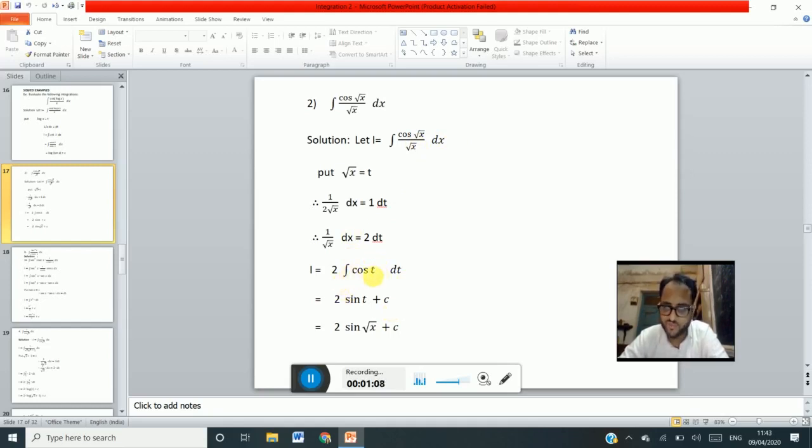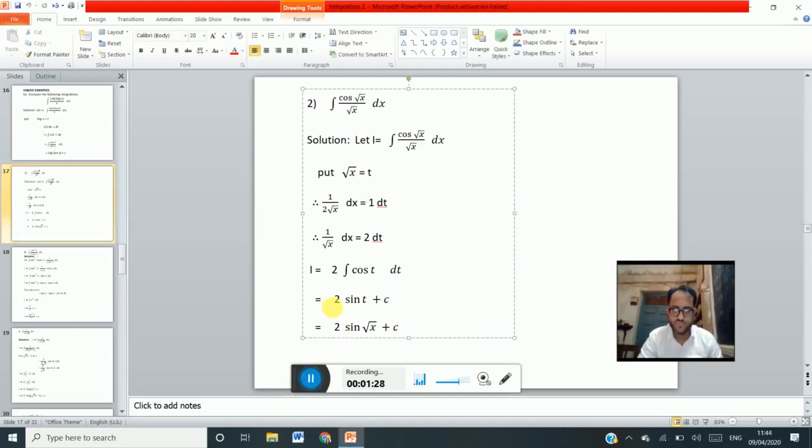So it is 2 integration cos t dt, and 2 into integration of cos t is sin t plus c. Substitute the value of t, that is root x, so the final answer is 2 sin root x plus c, right?